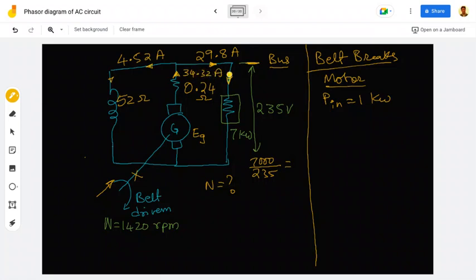Now I calculated the armature current. There will be a voltage drop here, and the remaining voltage will be the EMF generated. So the EMF generated is the drop IaRa plus the terminal voltage: 34.32 into 0.24 plus 235, which is 243 volts.